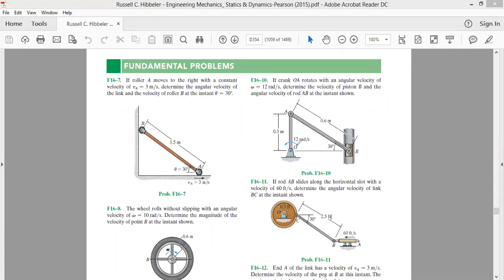First of all, we have to find the velocity of point B. Let's treat this to be our origin, as we have done in the previous question.